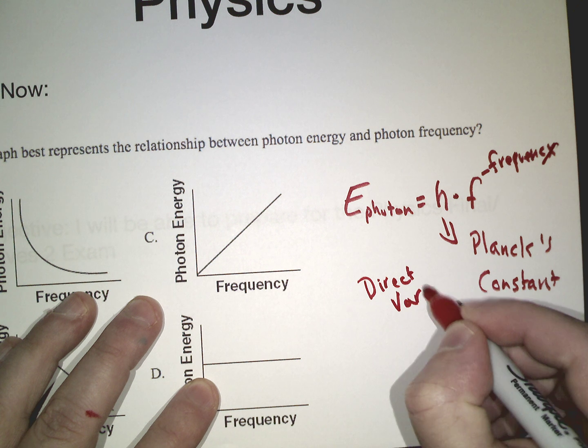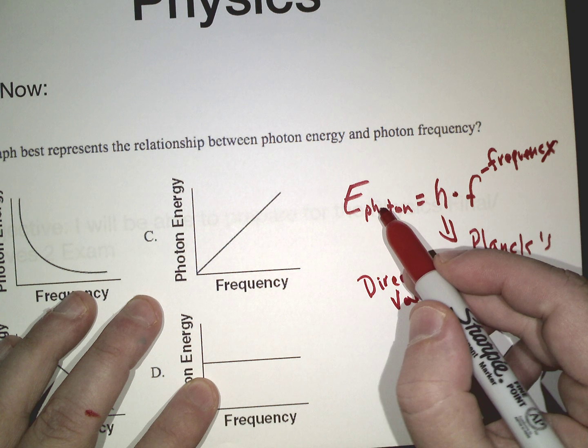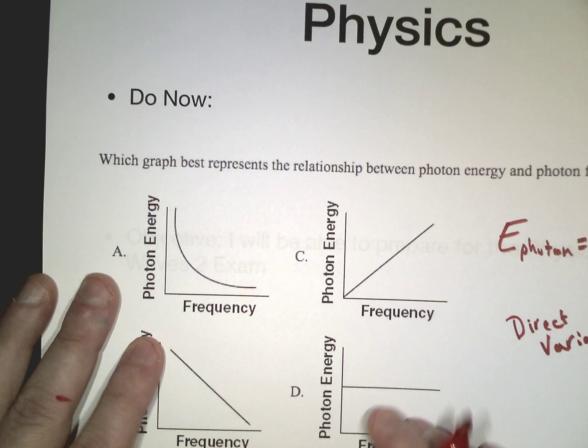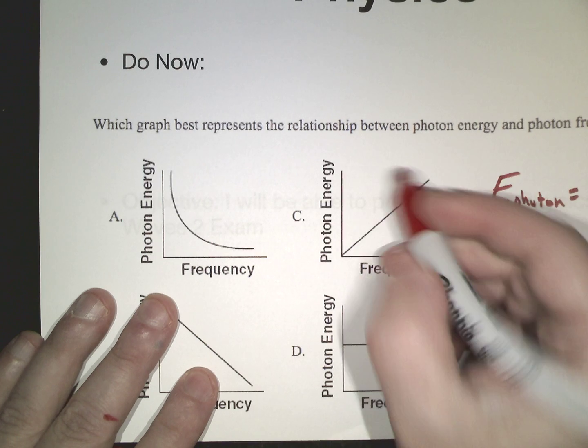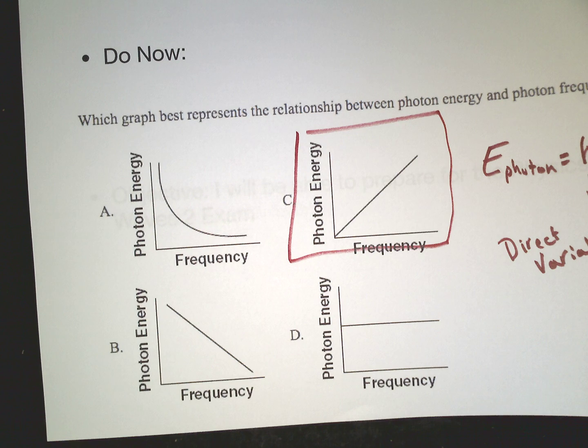And this tells me as frequency increases, the energy of my photon also increases. So which one is an increasing direct variation graph? Letter C. I'm a math person, so I say number C. I'm allowed to do that.